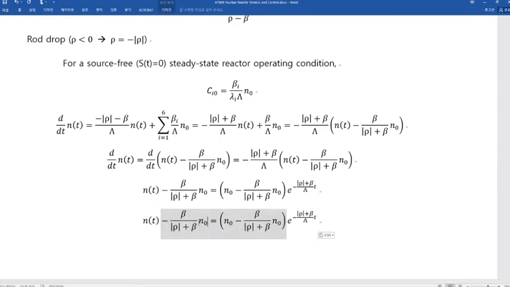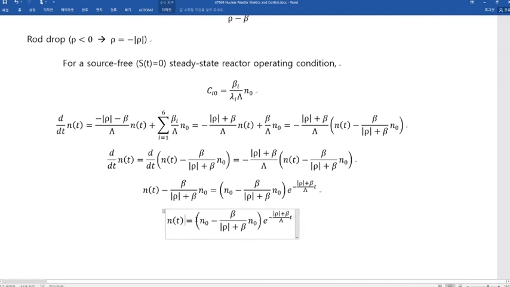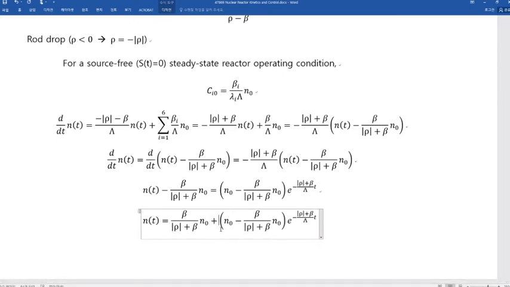So we should move this part to the right hand side. Plus, and then plus. And t equals 0.